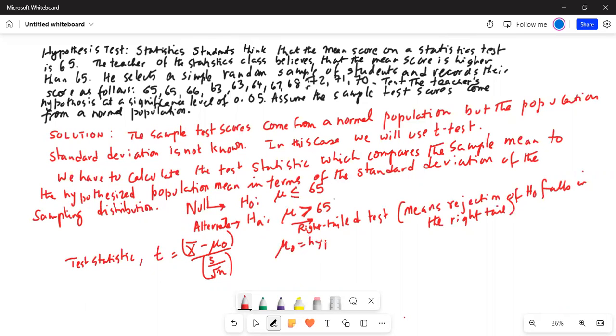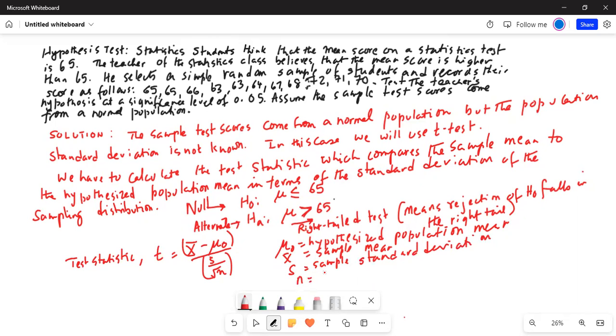Mu 0 is the hypothesized population mean. x bar is the sample mean, and S is your sample standard deviation. N is your sample size.